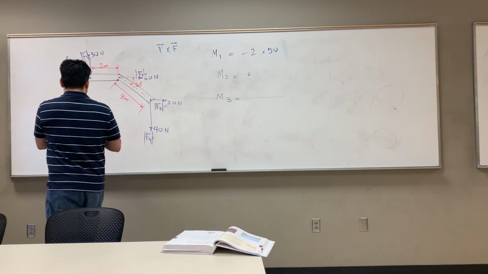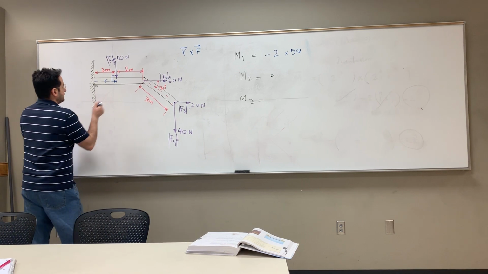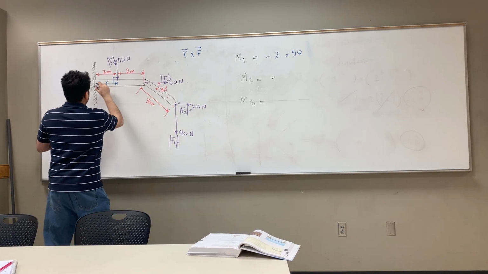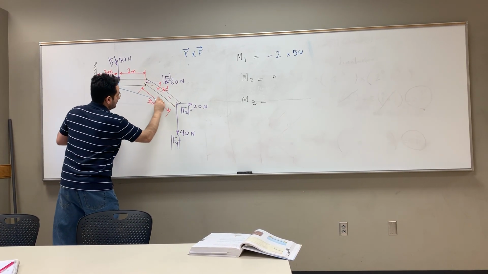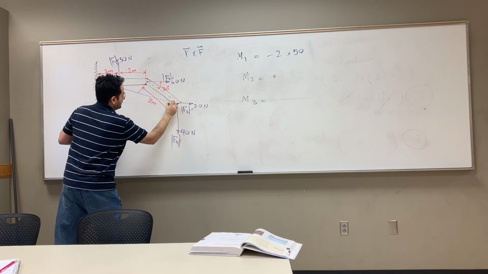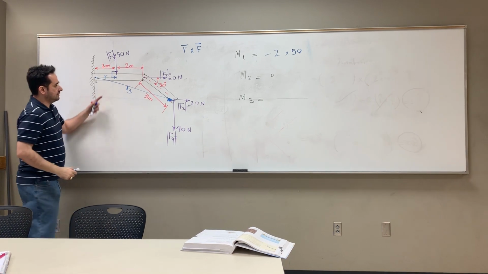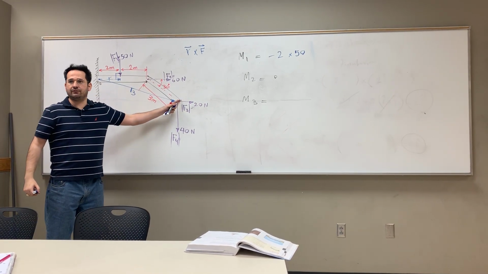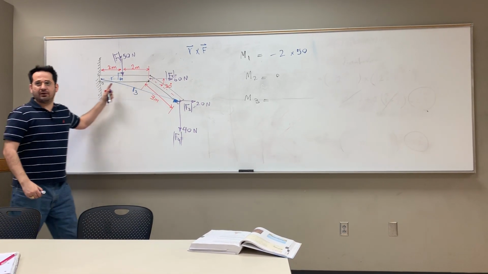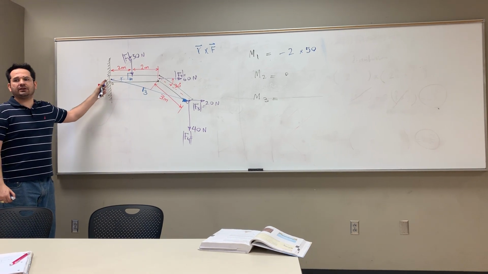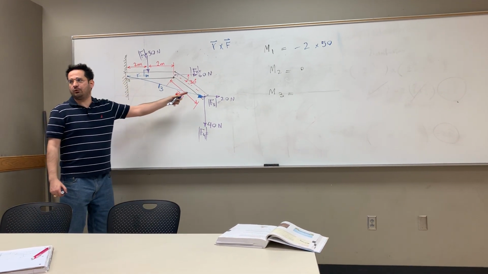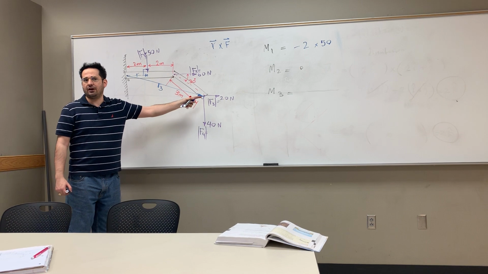Let's draw the position vector. Now the position vector for that is from O to this point. This is my R3, the position vector of force number 3. The position vector starts from the reference point and ends at the point that force is acting on, right?